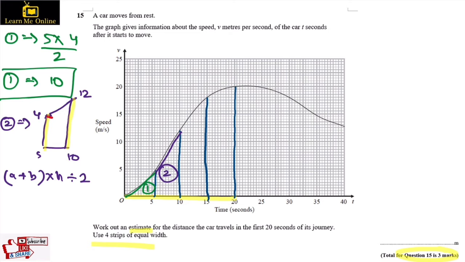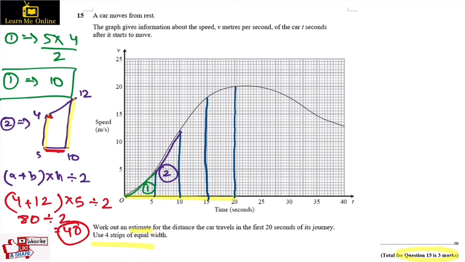So we're going to do 4 plus 12 times by h, which is the difference between them, so times by 5 and then divide by 2. When you do 4 plus 12, it would be 16. 16 times 5 and then make a half of it. 16 times 5 is 80, and half of 80 would be 40. So the area of the second one we found out is 40.